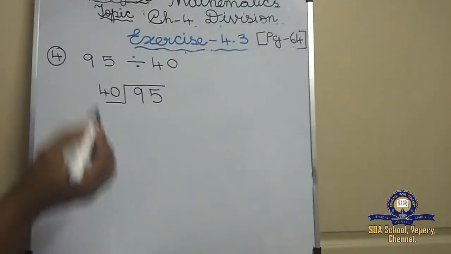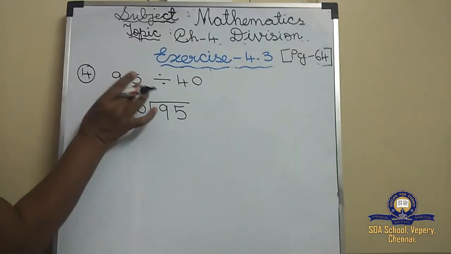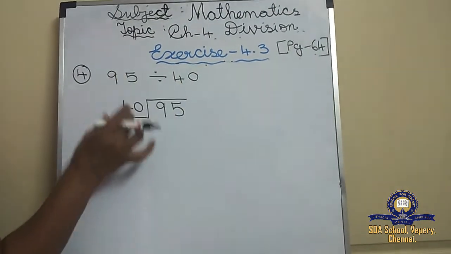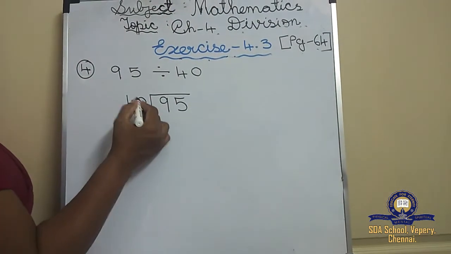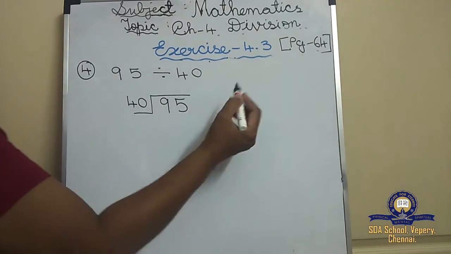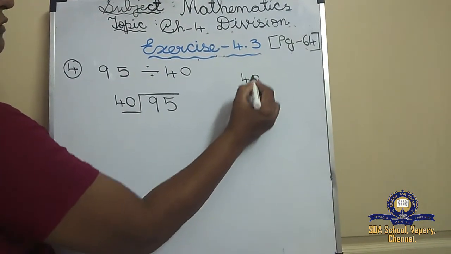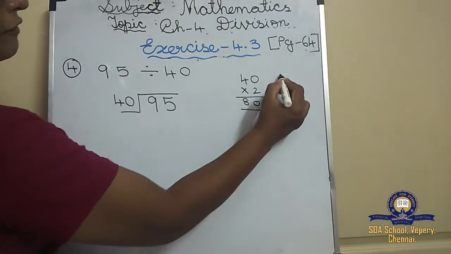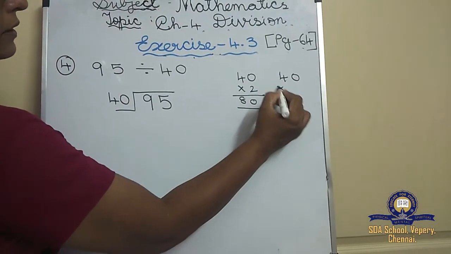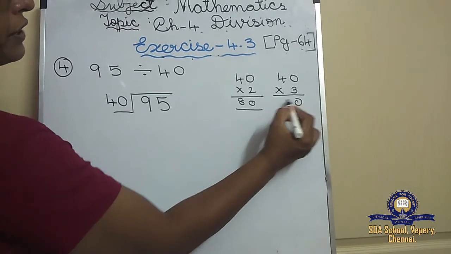While writing itself, you have to say and write 95. The first number is dividend and the second one is divisor. So here what do you have to write? You have to write the 40 table. 40 ones are 40. So from 2 we have to write 40 twos are 80. Easy, isn't it? And 40 threes are 3 4s are 120.